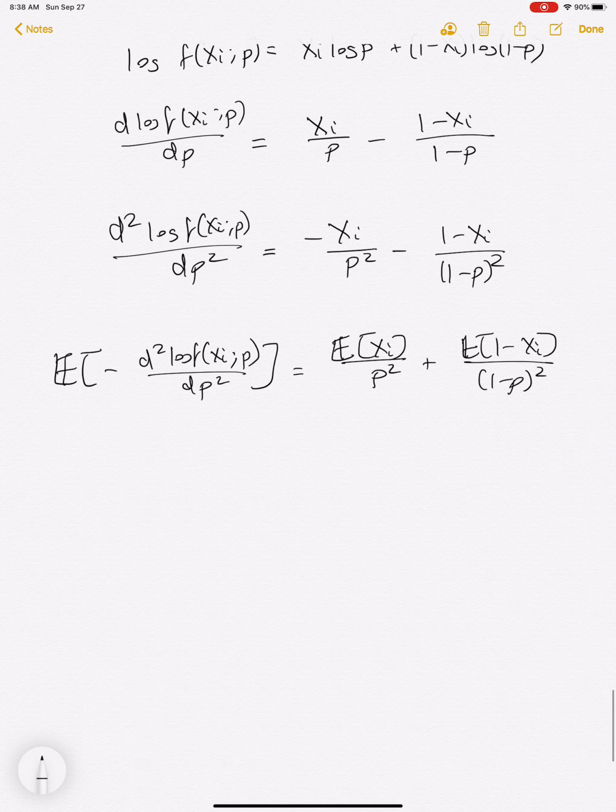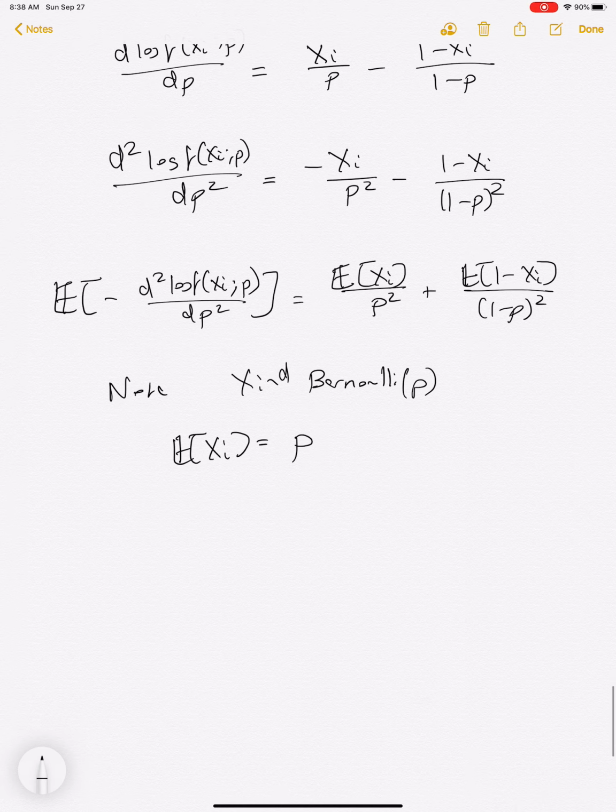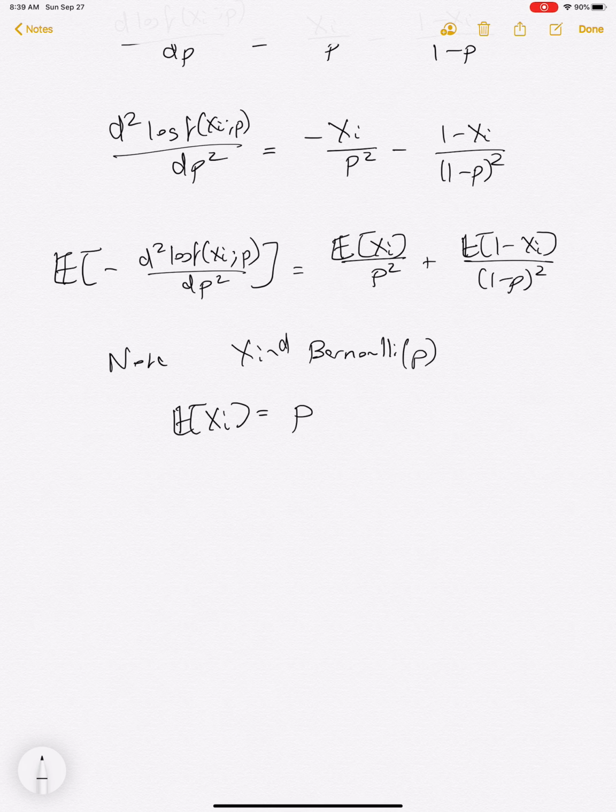Note that because xi is Bernoulli p, we have the expectation of xi equals p, because the expectation is just the probability that you get a 1.